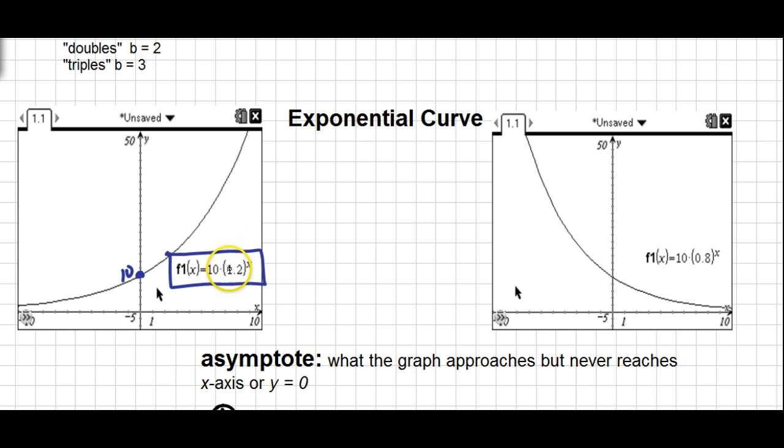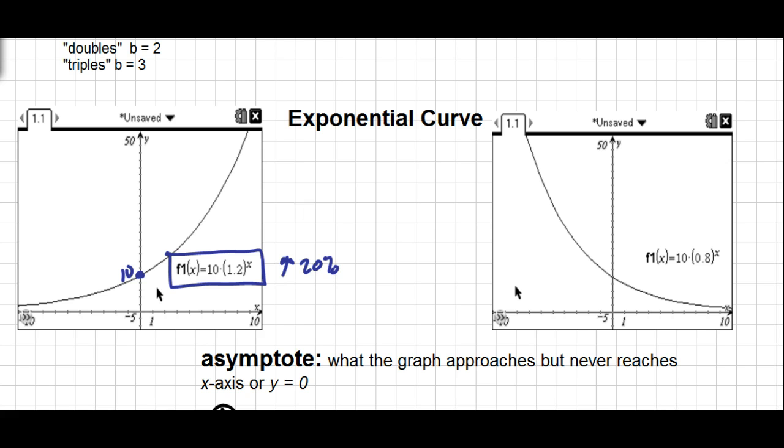The number here for B is 1.2, so somebody took 1 plus the percentage and that's what they got. So clearly this came from a situation that was growing or increasing 20%. If you take 20%, turn it to a decimal, add a 1 to it, you're going to get 1.2. So that's what growing 20% would look like as a growth factor.